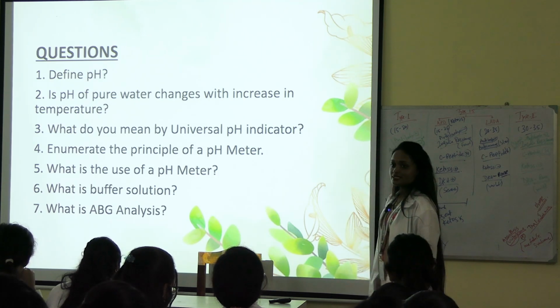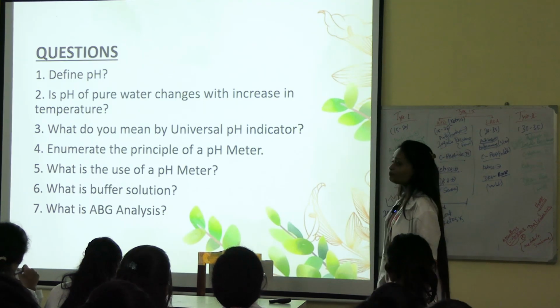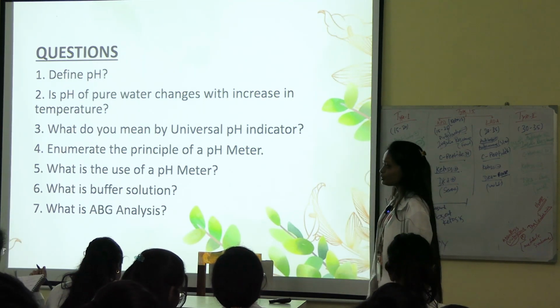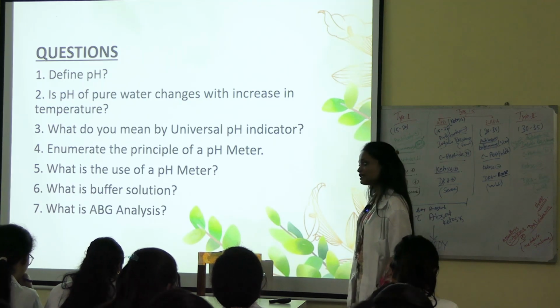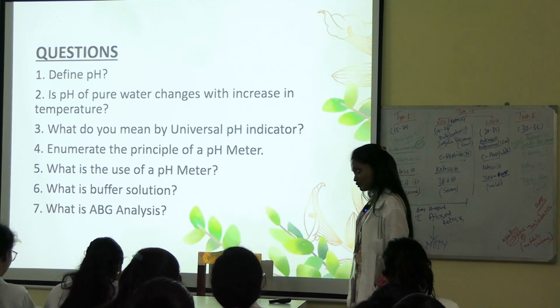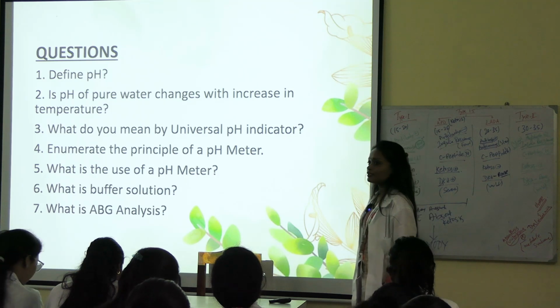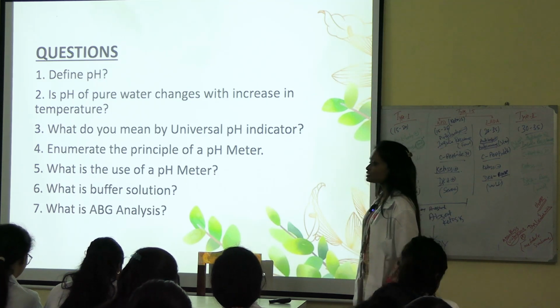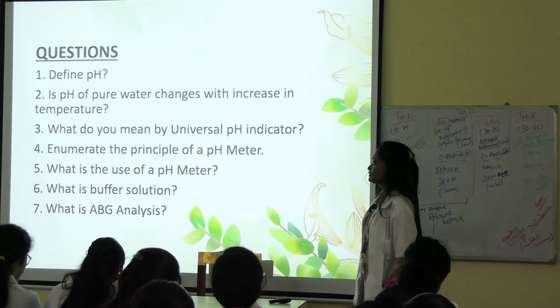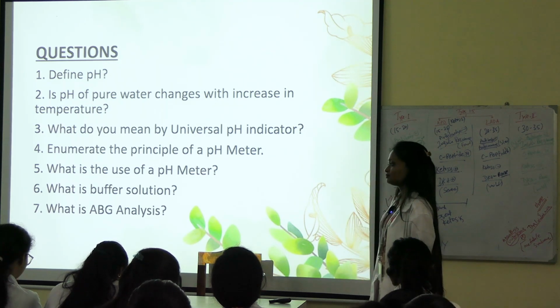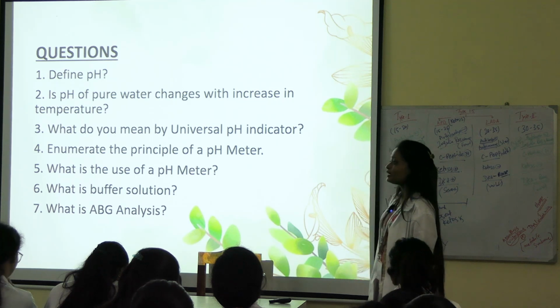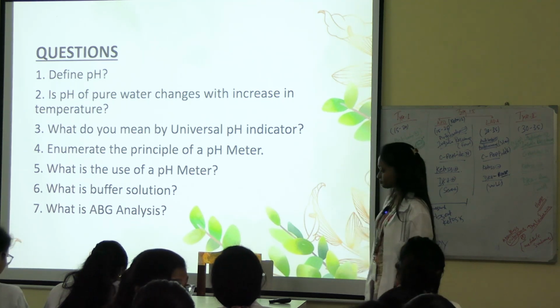This is the blood test to calculate the partial pressure of carbon dioxide, partial pressure of oxygen, and the arterial pH of blood and the arterial oxyhemoglobin saturation. These four we can measure by ABG analysis.